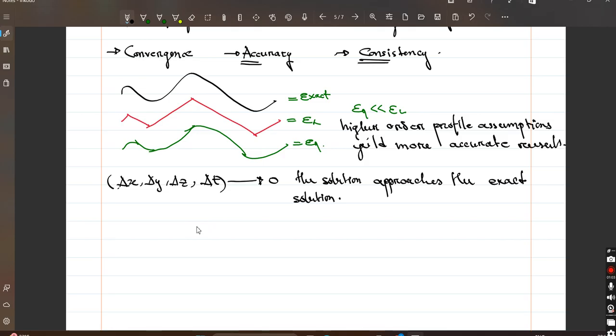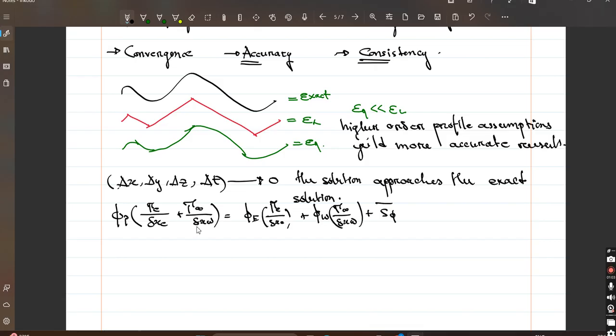So what does a consistent formulation mean? It means that when we get the algebraic equation, for example something like this, gamma e by delta x e plus gamma w by, okay.